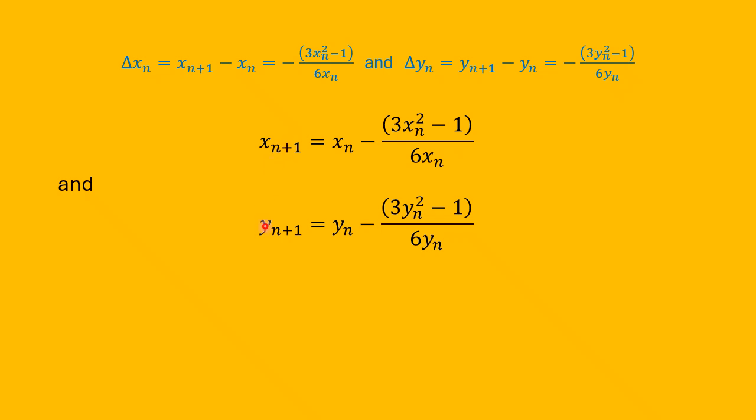And so now we have x sub n plus 1, y sub n plus 1 entirely in terms of x sub n and y sub n. If we had more complicated equations, we might find situations where x sub n plus 1 depends on both x sub n and y sub n, and similarly y sub n plus 1 could depend on both x sub n and y sub n. But the equations that we started with were pretty simple, and so it falls out this way.